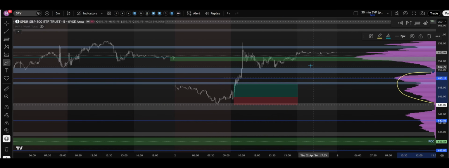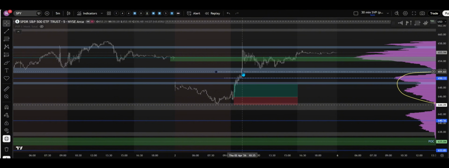Now, what's my next target? My next target is going to be the top of this volume area, because remember, that could act as some kind of resistance. Once we get up there, we could reject it and come back down. So that is another area where I'm looking to take off, maybe a lot.